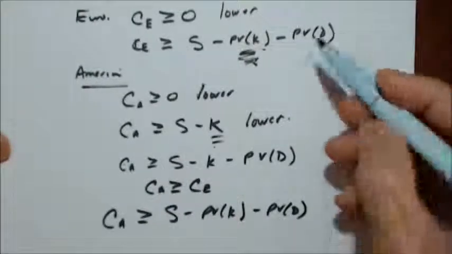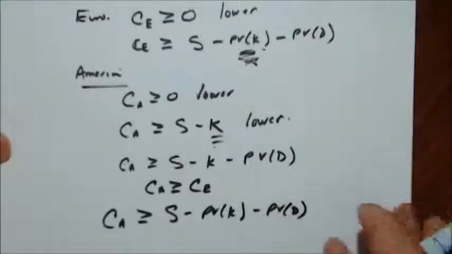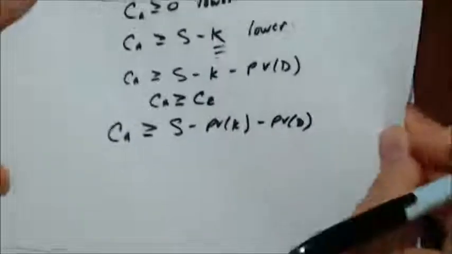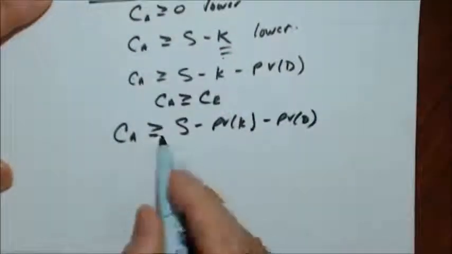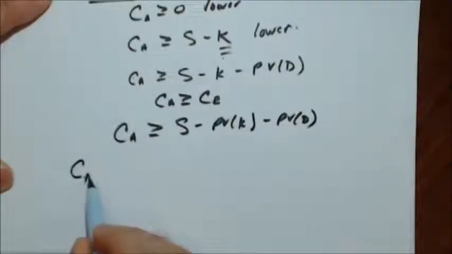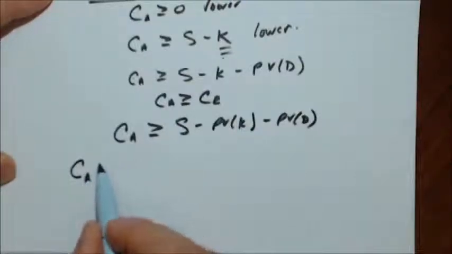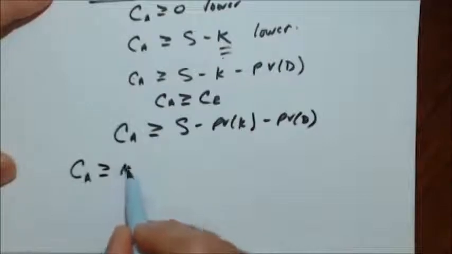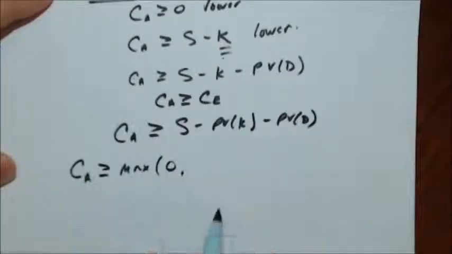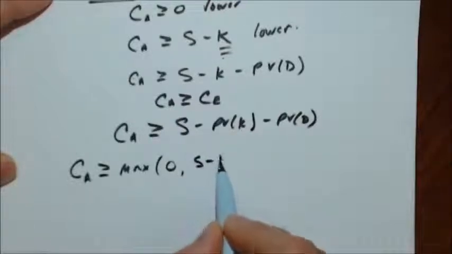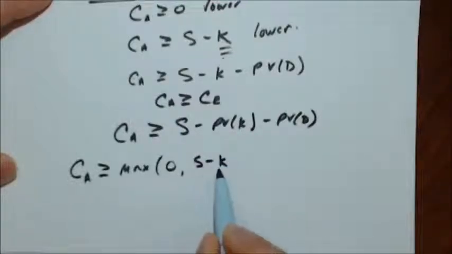And so the textbook combines all of these on page 202 and puts it into this form. Basically a triple bound. It says it's the maximum of 0, if it's out of the money, it'll be 0, S minus K for an American.